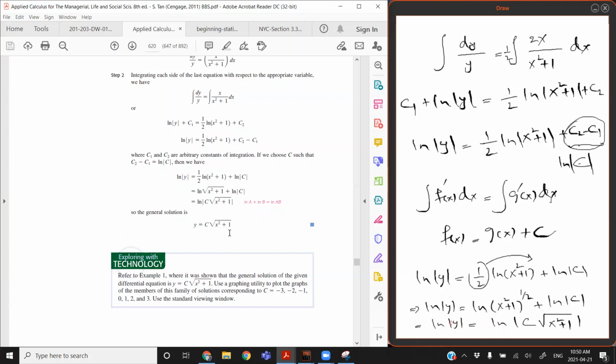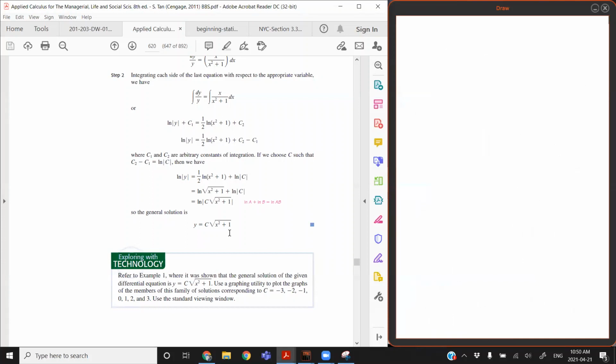If ln of absolute value of y is equal ln of absolute value of c times root x squared plus 1, that means this has to be equal this. So I get absolute value of y is equal absolute value of c times root x squared plus 1. So I just removed the ln's.